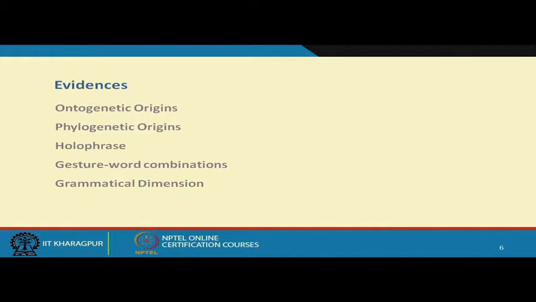If we look at some of the evidence of how this shared communication takes place, there are various kinds, such as ontogenetic evidence and phylogenetic evidence. Ontogenetic is the development of a self, or development of a particular individual over the course of a lifetime.